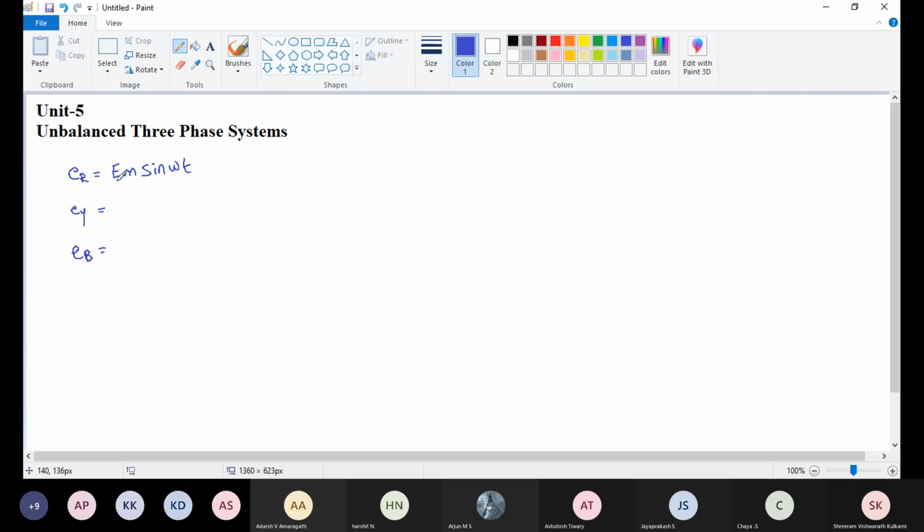My ER is Em sin omega t, EY is Em sin(omega t minus 120 degrees). Then EB is Em sin(omega t plus 120), which I can say is minus 240 degrees or plus 120 degrees. Correct?